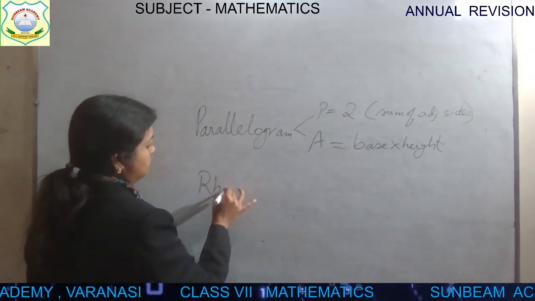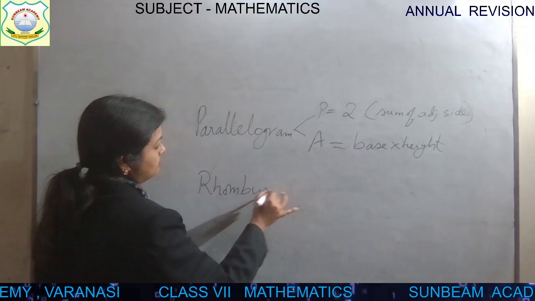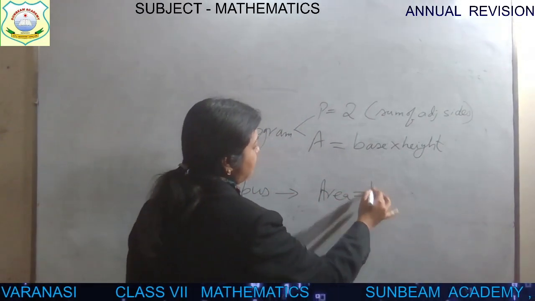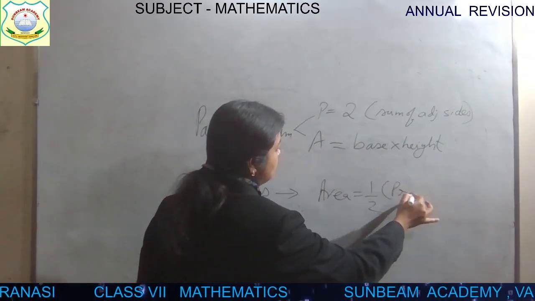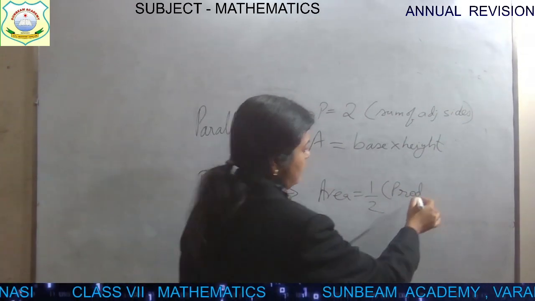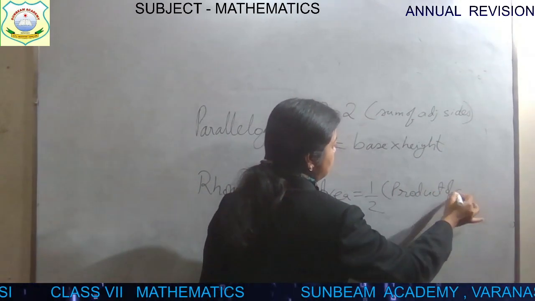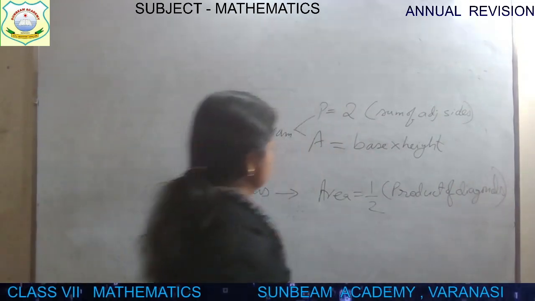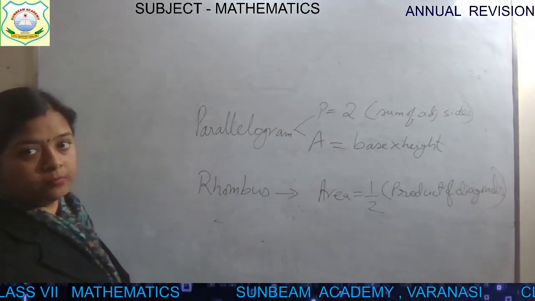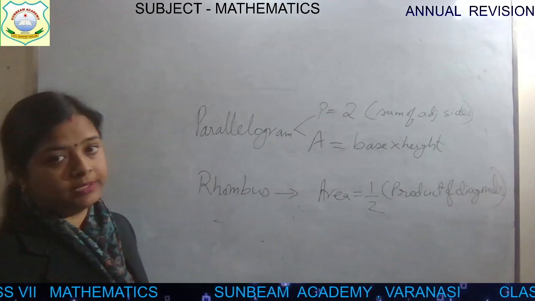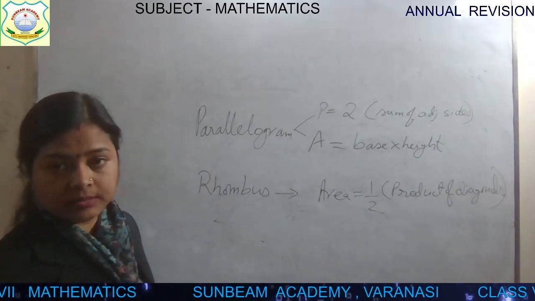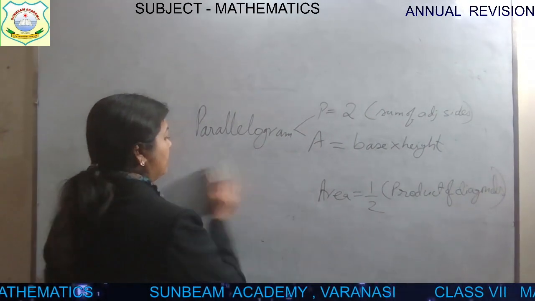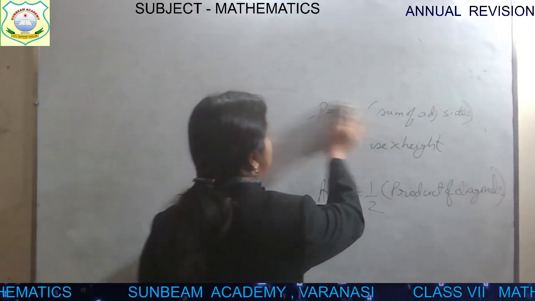And for the rhombus, the area of a rhombus is half of the product of its diagonals. Multiply the two diagonals of the rhombus and divide by 2. This is the area of a rhombus. Then after that triangle, and then after triangle we were having circle.